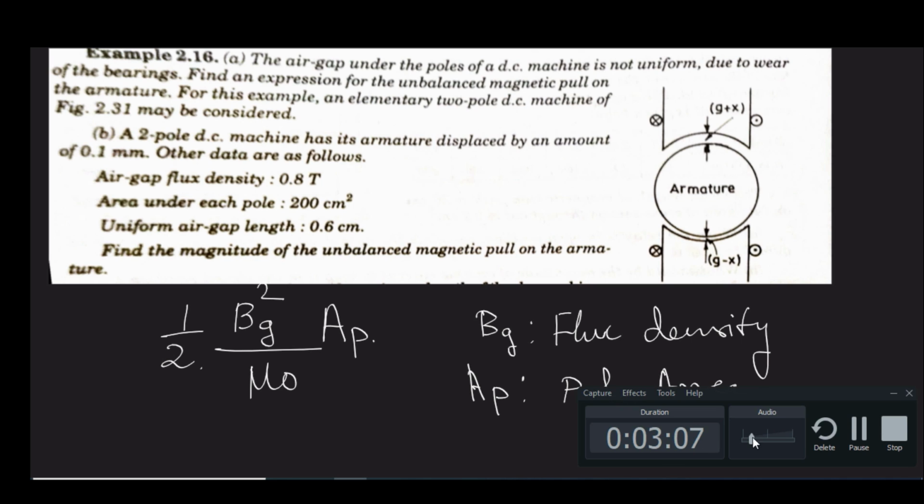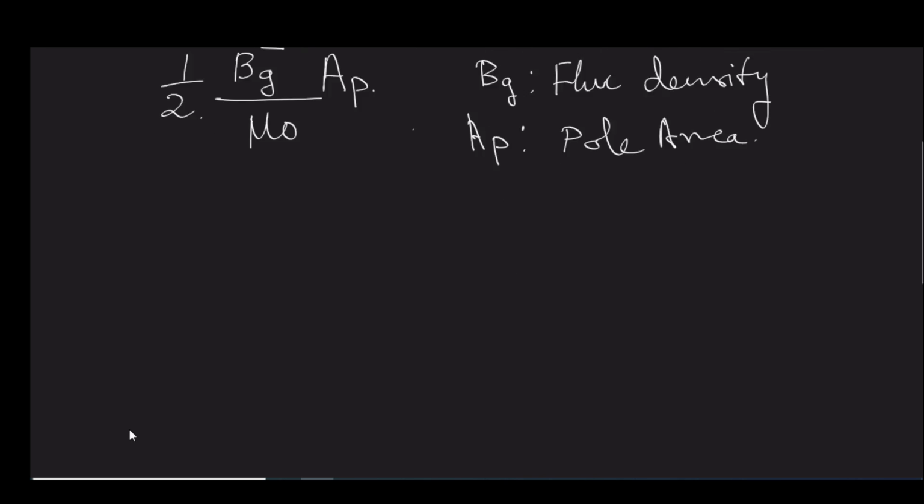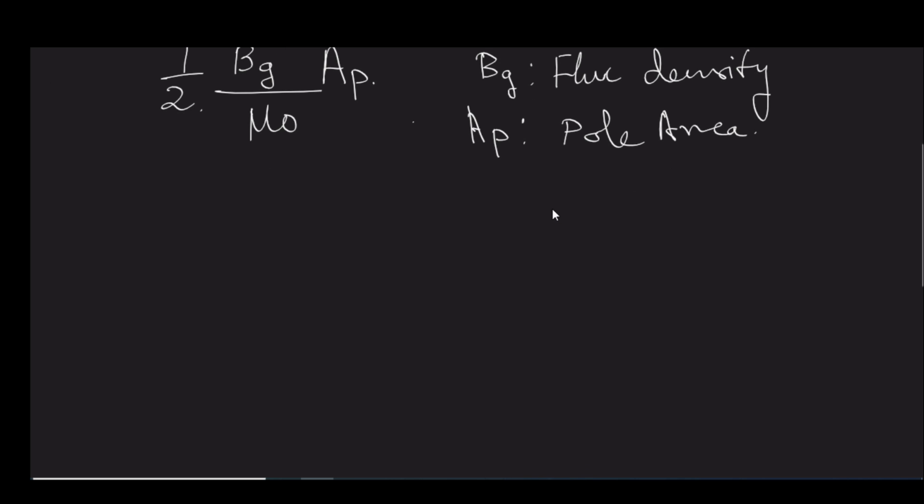So Ap is the pole area. Now what you can write here is the force of the one which is shifted by an amount g plus x, how much would it be, like the reduction of force as well as amplification of force.